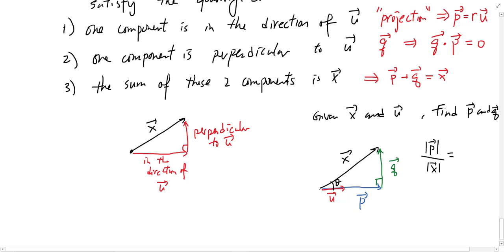How do I know this angle? I know vector x and vector u, the two vectors that form this angle. As long as I know the two vectors that form the angle, I can figure out what the angle is. So the length of p divided by the length of x is adjacent over hypotenuse. And guess what adjacent over hypotenuse is? It's cosine theta.